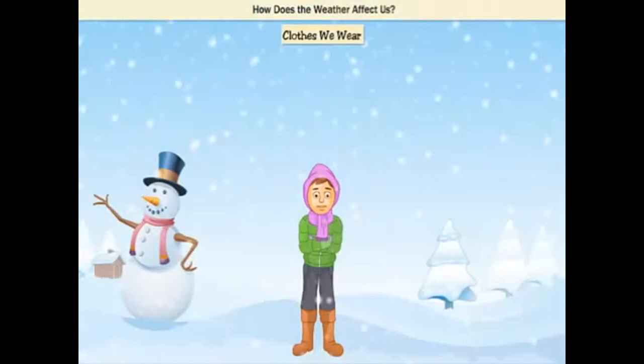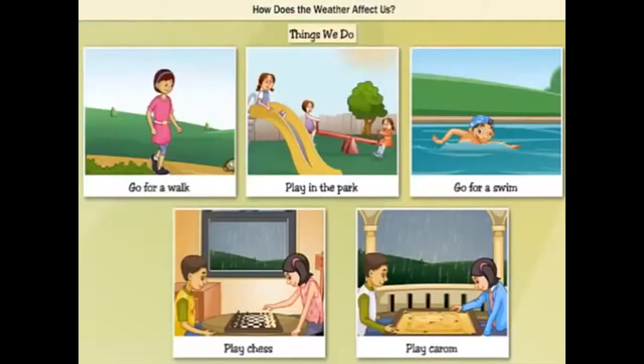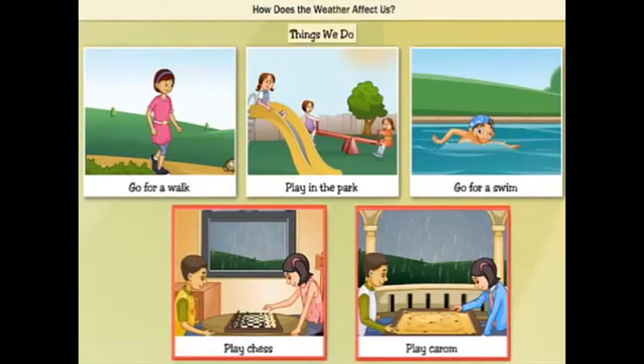Take out the woolens that Grandma knitted for you and feel warm and cozy. Sometimes the weather also affects what we do. We can go for a walk, play in the park, and go for a swim in pleasant weather. We can play only indoor games when it's rainy.